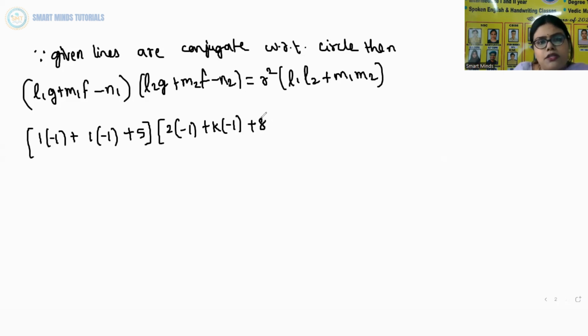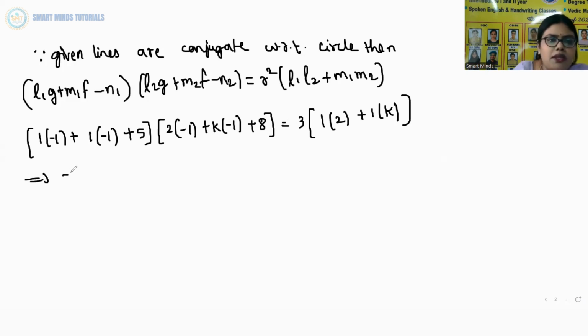So minus into minus becomes plus. That is r square. r is root 3, so r square will be 3, into l1 is 1, l2 is 2, m1 is 1, m2 is k. Now open the brackets. Minus 1 plus 5 into minus 2 minus k plus 8 is equal to 3 into 2 plus k.